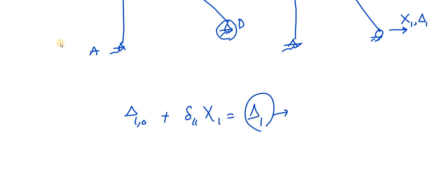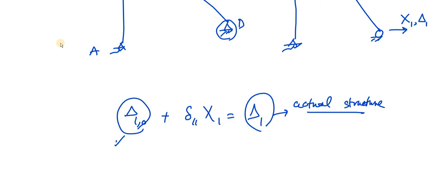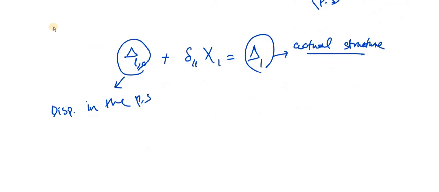Delta 1 is, you know, the one in the actual structure. So if it is 0, you will put it equal to 0. Otherwise, whatever is the actual value, you will put that value. This is the displacement in the primary structure. This is our primary structure when you apply the external loading. Displacement in the primary structure due to external loading.